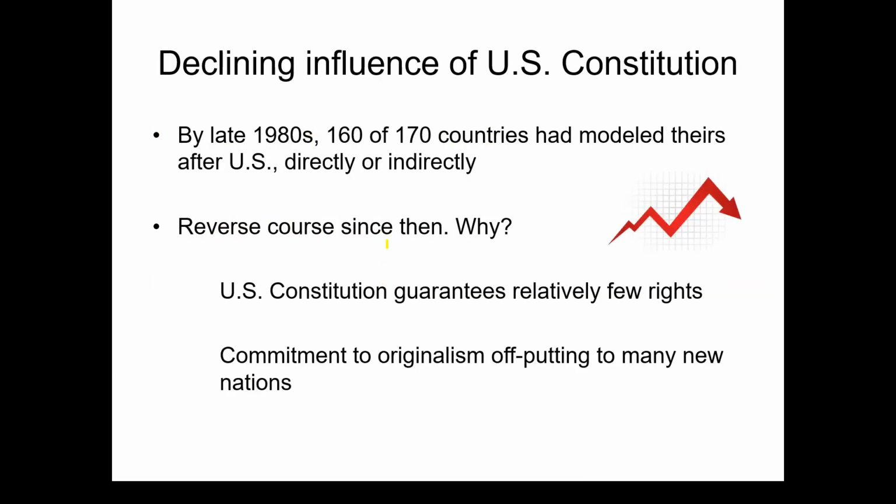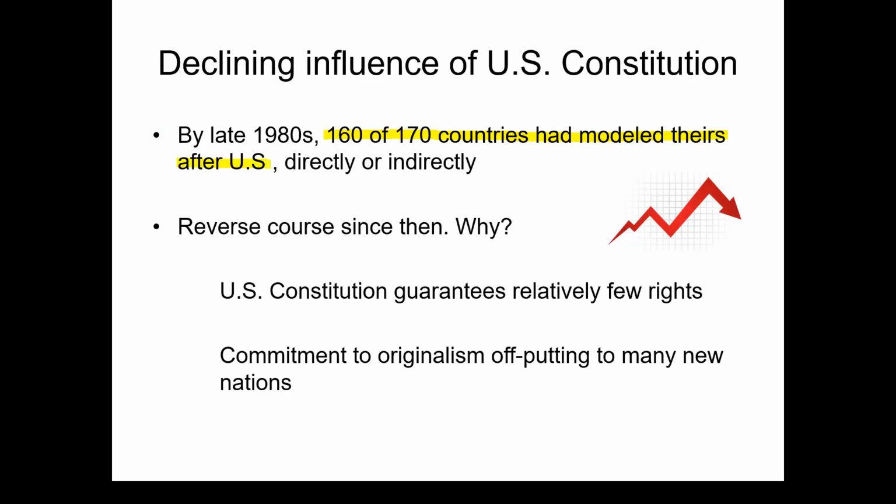Now, there is a declining influence of the United States Constitution. It was the model to go by for a long time. But as we get into the 80s and our polarization starts to form, our own difficulties with our own politics, before that, 160 of the 170 countries that had constitutions had modeled theirs after the United States.